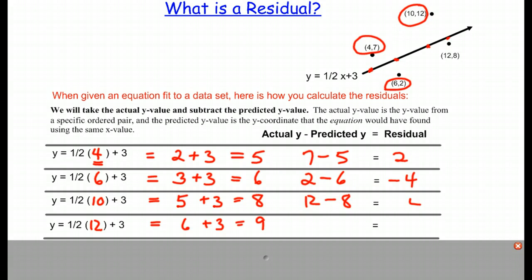So that gives me a +4. And then finally, for this point right here, the actual y is 8, and I would have predicted it to be a 9 using the equation of the line, so that gave me a residual of a -1. So these numbers, these residuals right here on the end, are trying to tell me how far off the line was at predicting the actual data point's y-coordinate.